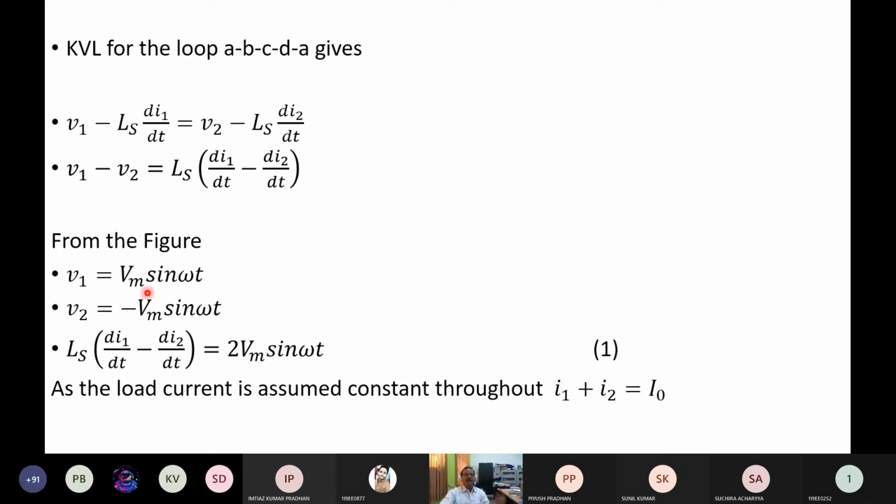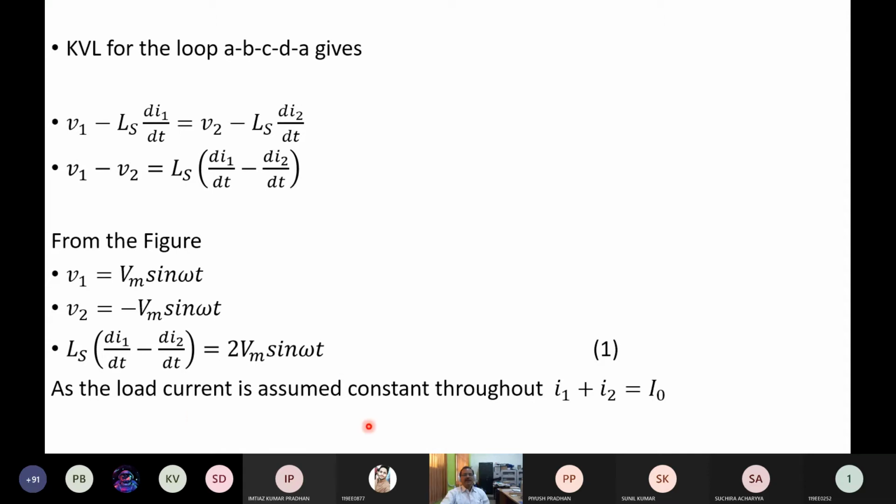But V1 is equal to Vm sin omega t and V2 is equal to minus Vm sin omega t. Why? For one pair, it is Vm sin omega t. For the other pair, it is minus Vm sin omega t after pi. Okay. So putting this here, you get Ls times di1 by dt minus di2 by dt is equal to 2 Vm sin omega t.